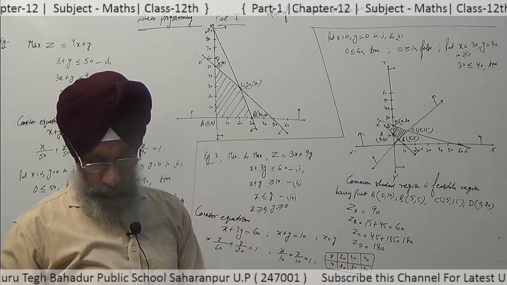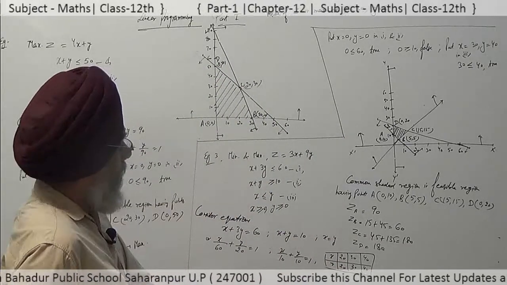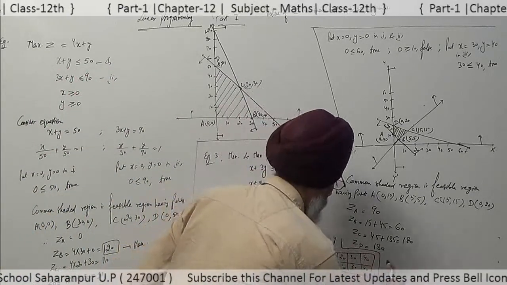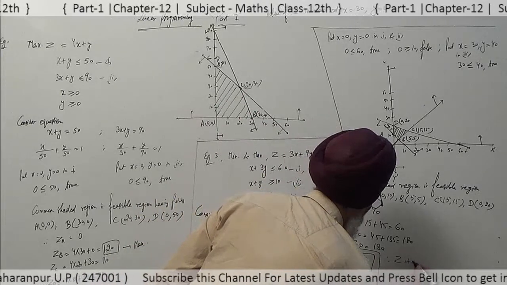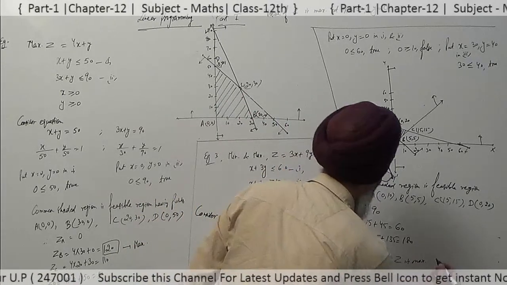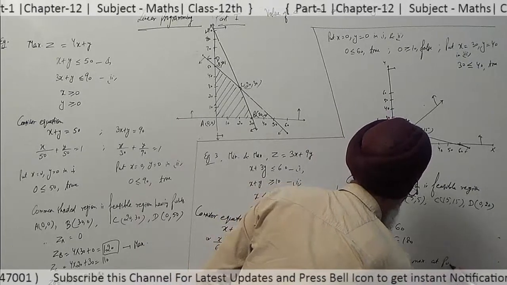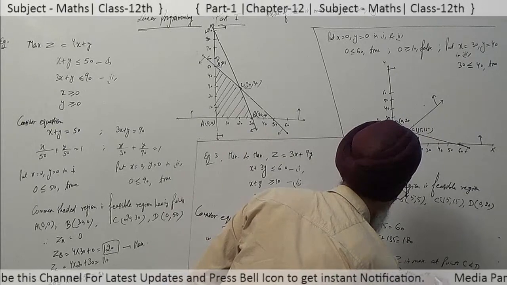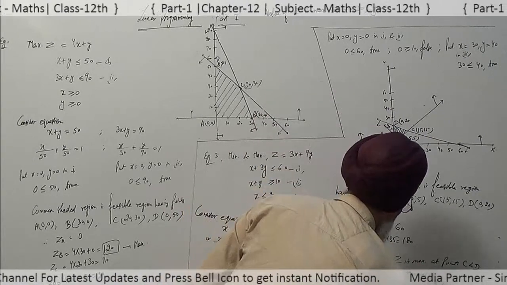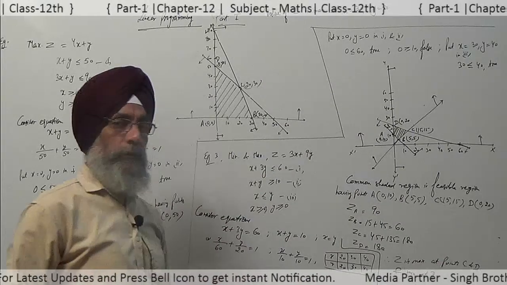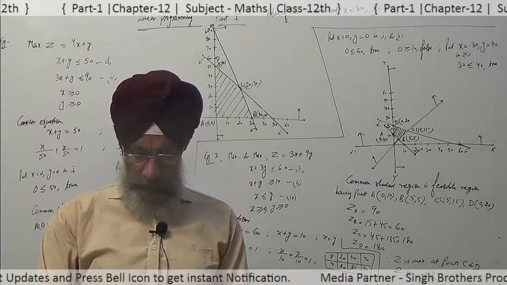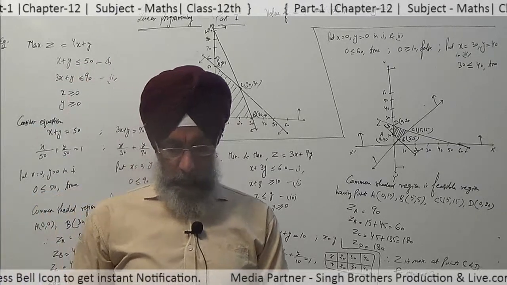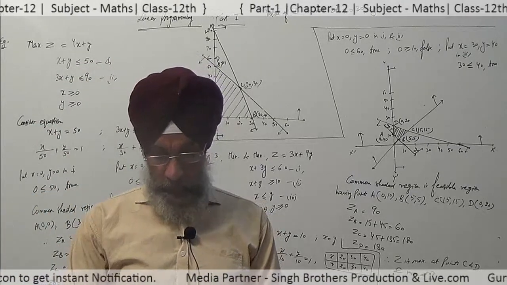Now, you can see the values at the two points C and D is 180 and at B it is 60. So, what will we write in this? Z is maximum at points C and D and minimum at B, because we have to find both the maximum and minimum points where the value of the given objective function is maximum or minimum.